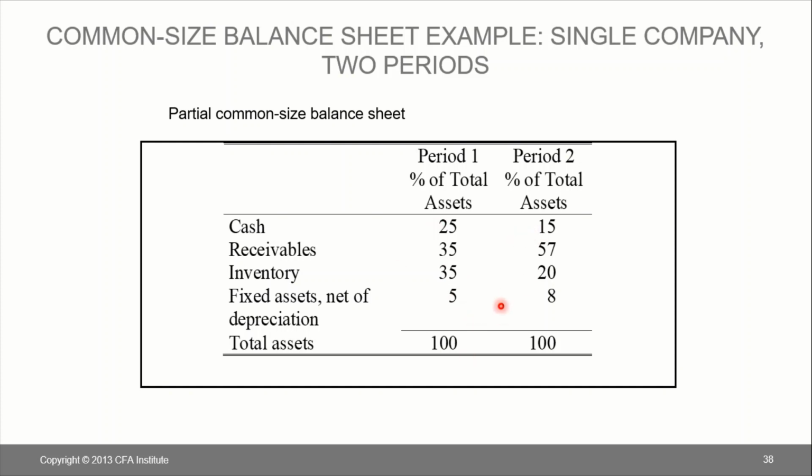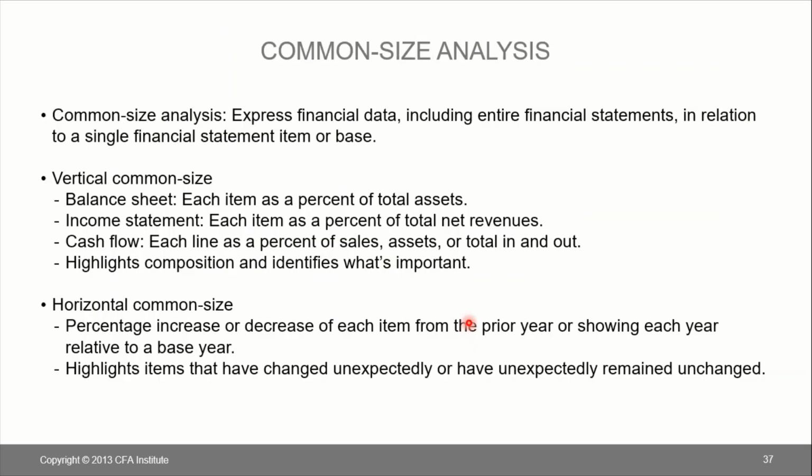And why do we have to do this? It's because you just want to simplify the figures so that you can make decision making more easy. Okay, so the simpler the information gets, the more precise the decision making would be. Okay, so this is an example of a common size balance sheet.